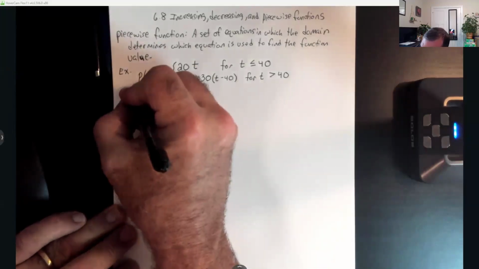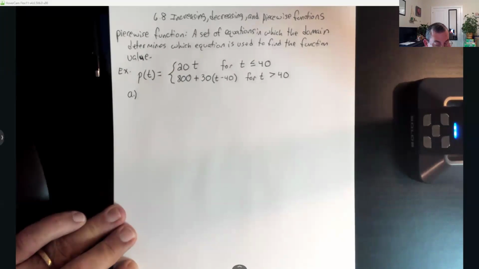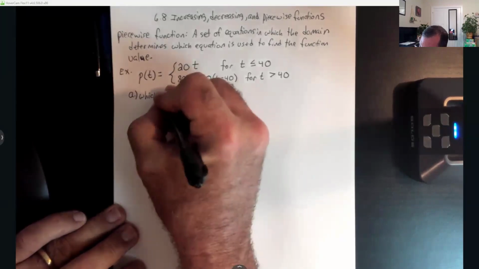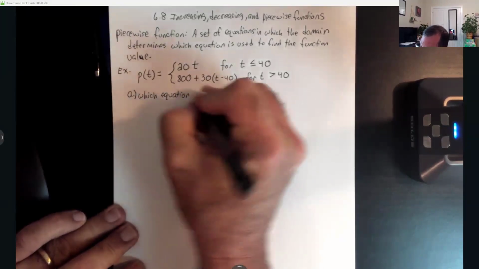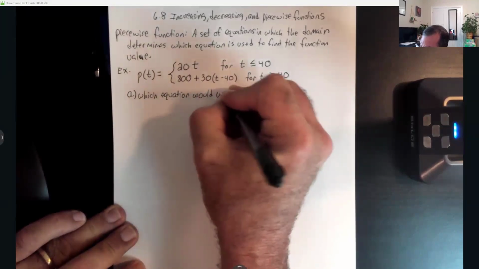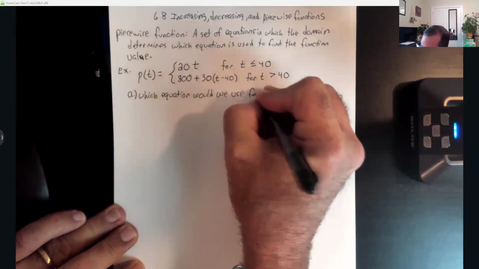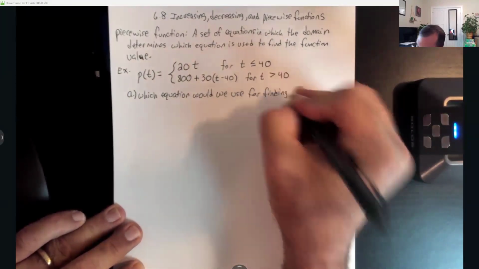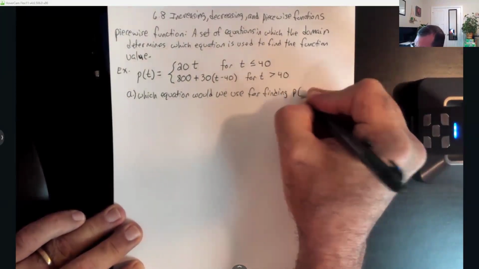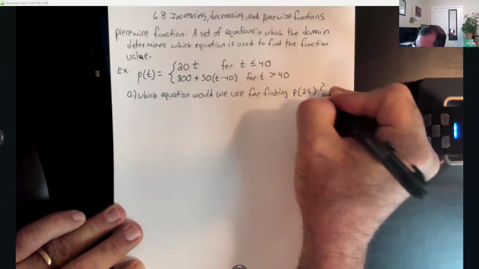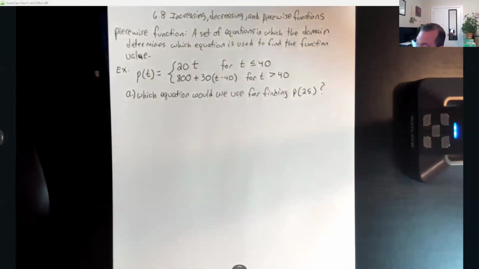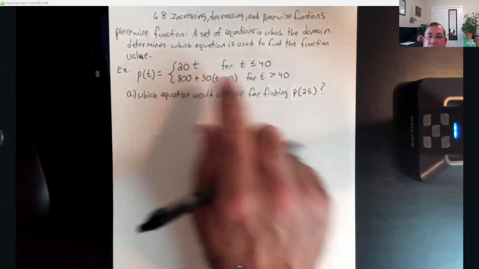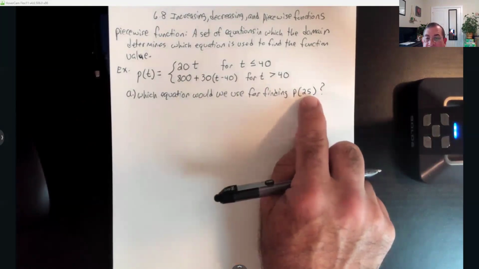So for my first question, which equation would we use for finding P of 25? Now, they don't want you to figure out the amounts. They just want to know which equation I would use to find P of 25.